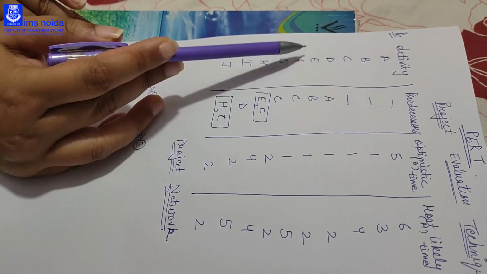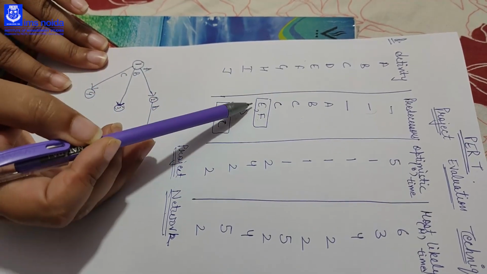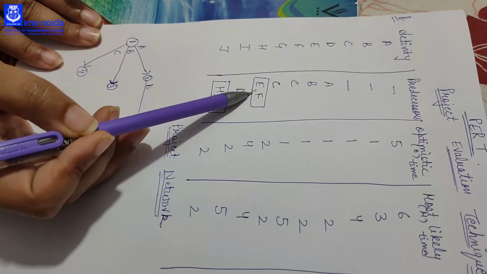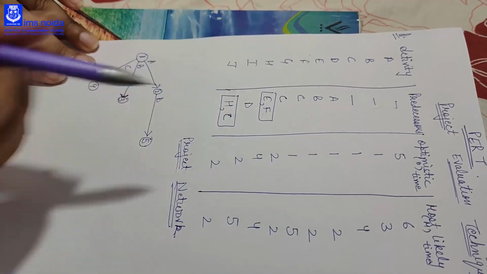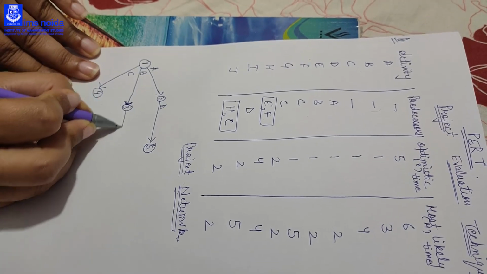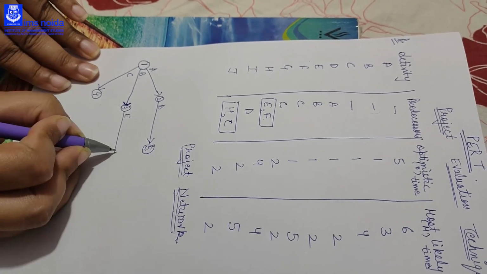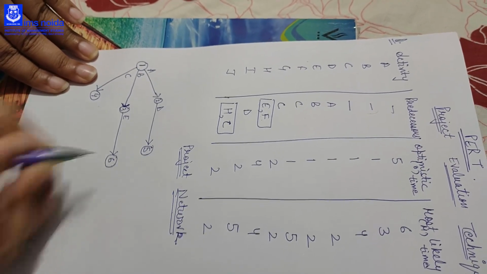and give its node 5. Then E is starting with B, and it is combined with F, but F comes later on, so E is a free activity. So we will start E with the B node, that is 3, and give it node 6.